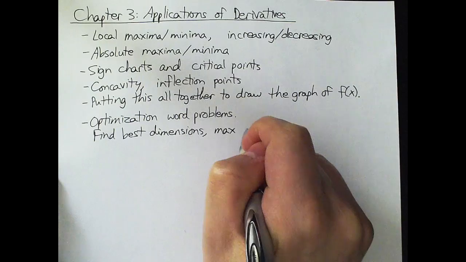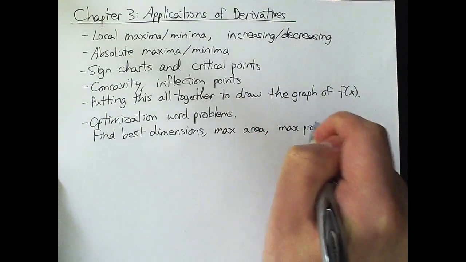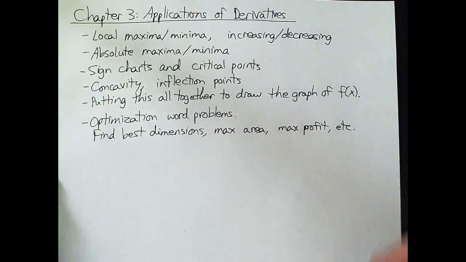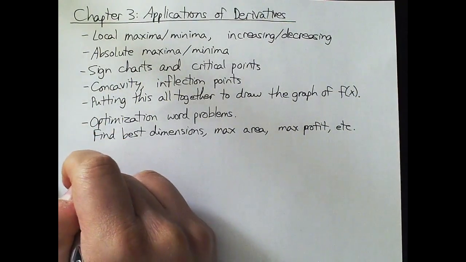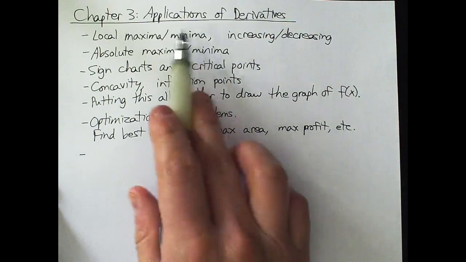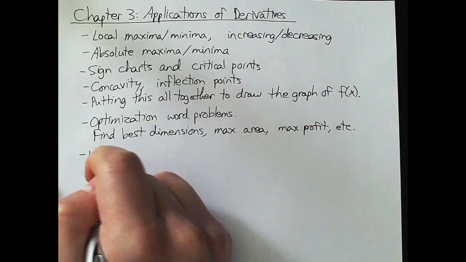Sometimes you want to find the max area, or maybe the max profit, etc. Anytime you're trying to find a maximum or a minimum in a word problem, that's what we call an optimization problem. And then towards the end of chapter 3, because it doesn't really fit in anywhere else, an application of derivatives was L'Hopital's rule.